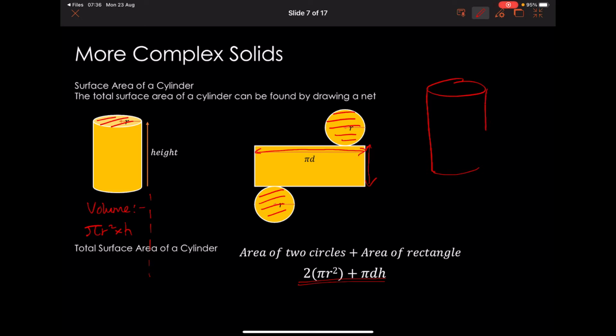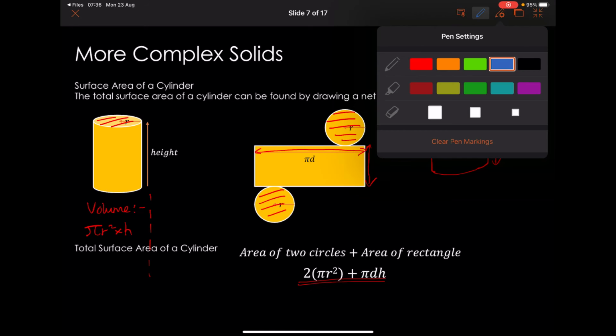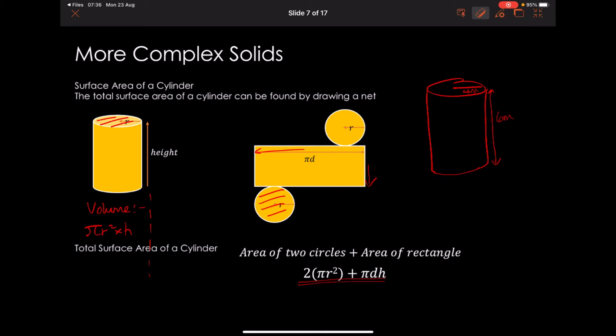Let's say we've got a cylinder here with a radius of 4 and a height of 6 in meters, okay? So that means if I use this as my diagram here, okay, that means that my radius here is 4 and my height here is 6.